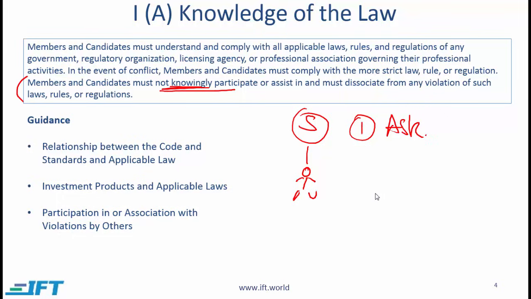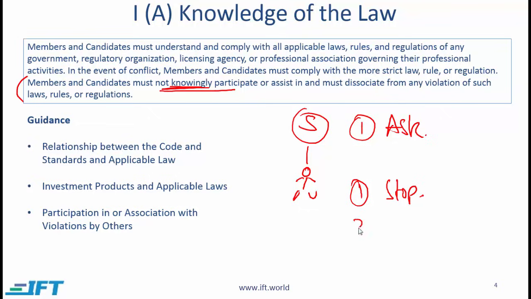Let's now move to a situation where you have observed something wrong happening and you are convinced that it is a violation of the code and standards. So, what do you do? The first thing is to try and stop the behavior. And obviously, if you are in a supervisory role, that might be possible.